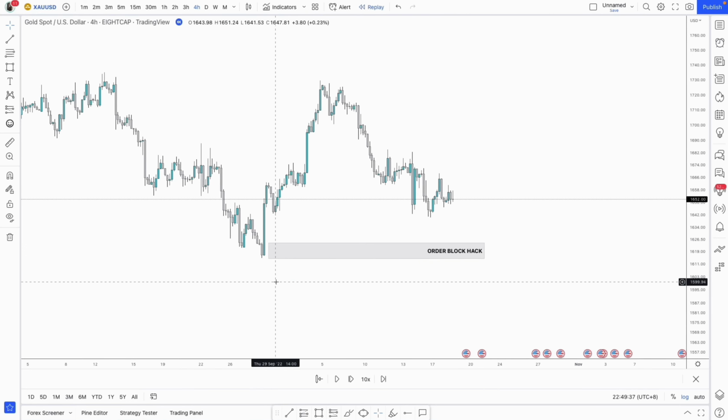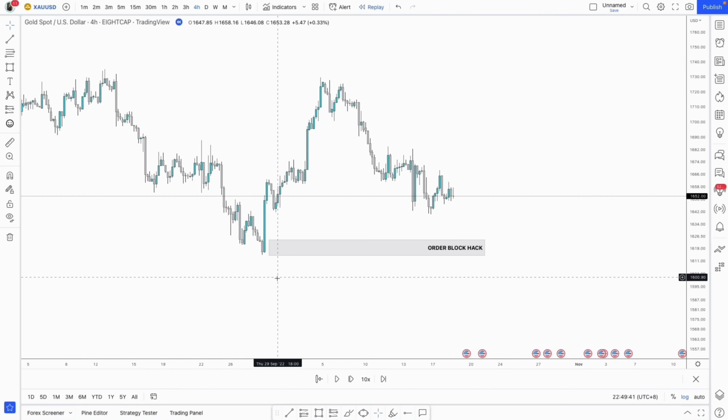Well, order blocks, by the name of the word, are essentially areas of price where there are orders at that level. So what will happen is, just like any sort of block, when price gets there, it won't be able to move through it. So imagine price is trying to move through a wall, but there is a wall in the way. So price will not be able to move through it.